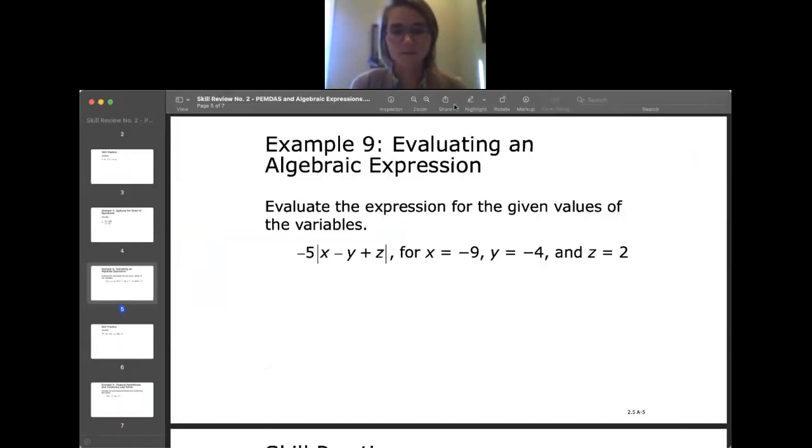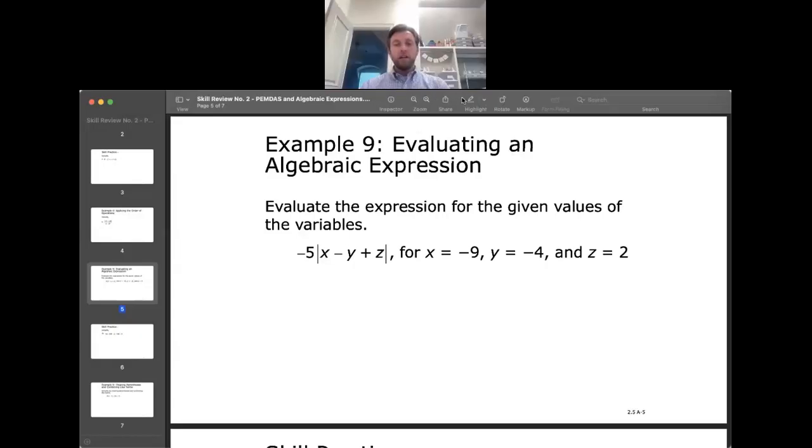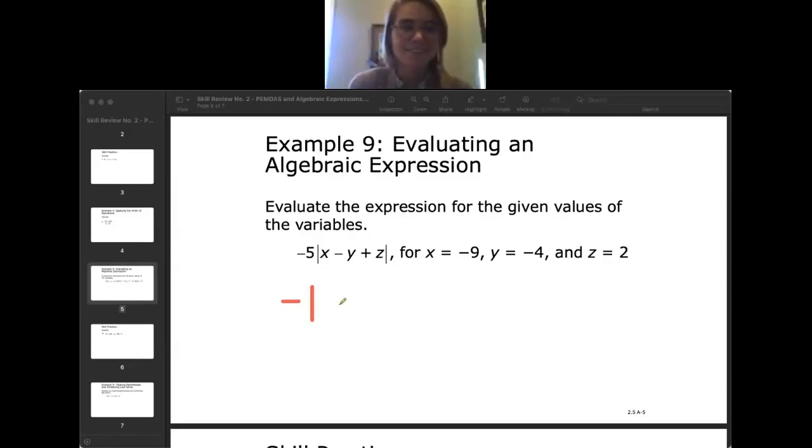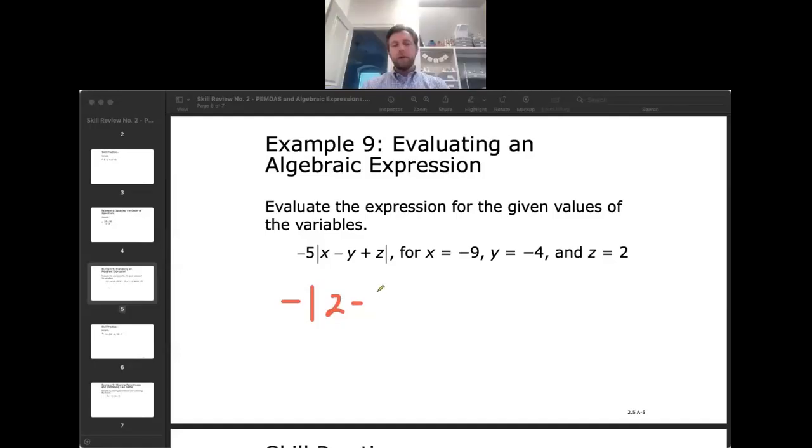So here, let's do this one. Remember on this one, when we plugged it in, we got -5. So you want just a plain minus sign? Yeah, -5 is good. It does the same. So let's do something like -2, -3, minus absolute value of 2 - 8. So it's just a different problem. Keep in mind the absolute value is an operation.